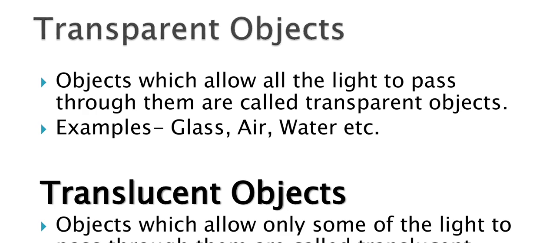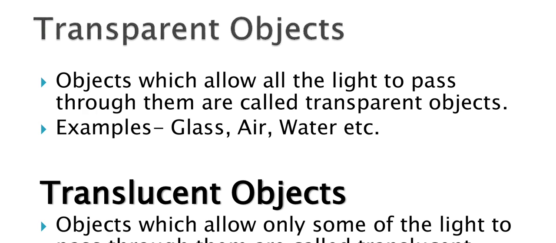Objects which allow all the light to pass through them are called transparent objects. Examples are glass, some polythene bags, air, clear water, or other transparent materials.